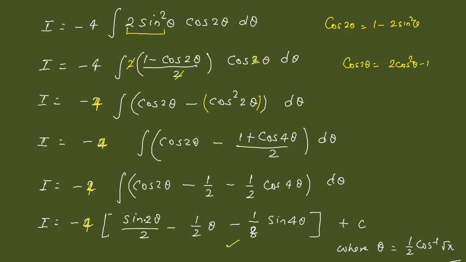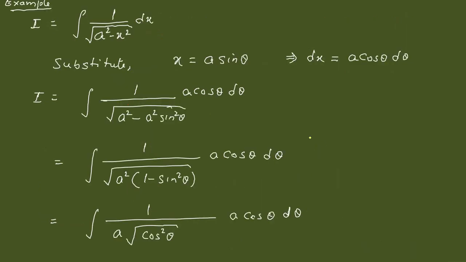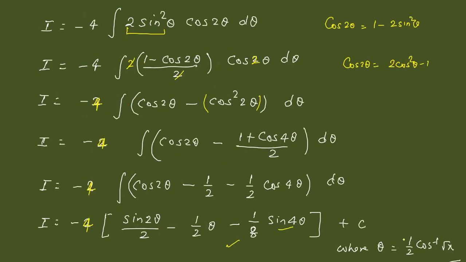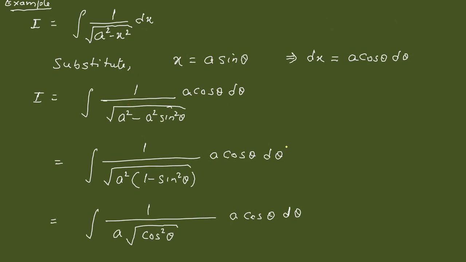Or if you want to expand it, you have to use the identity of sine 2 theta, and again here also, and write that theta there, and write the answer in the form of x. Okay, so this is up to you. You can also write, or just keep it as it is.